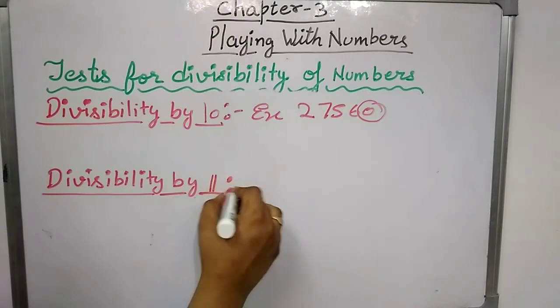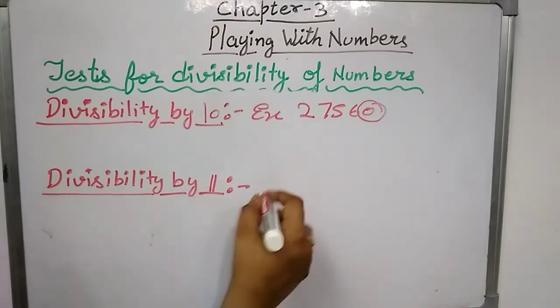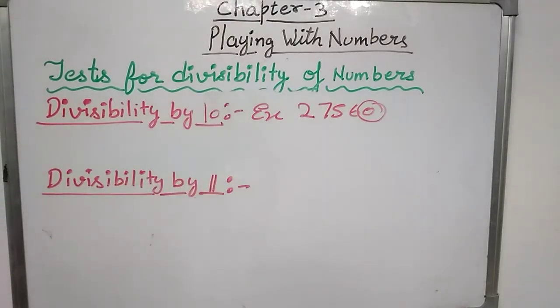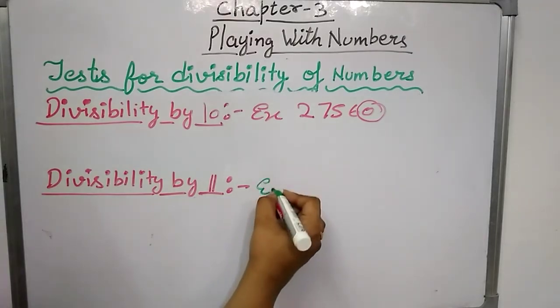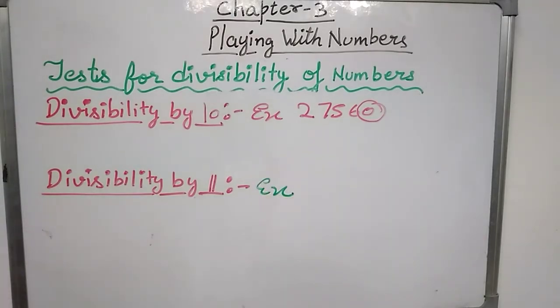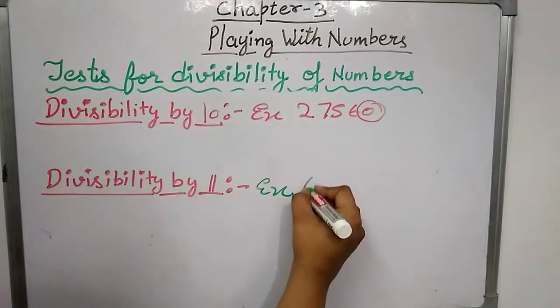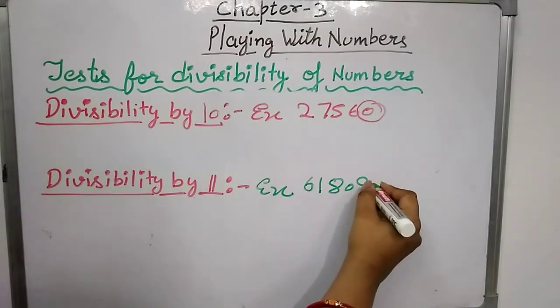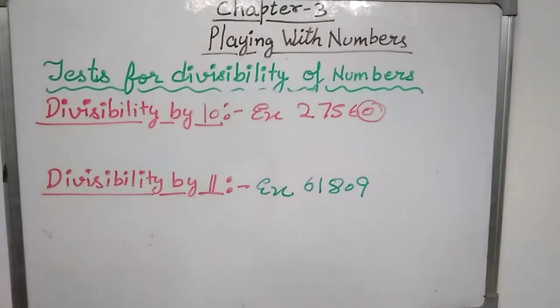The divisibility test by number 11. It is a little complicated, this divisibility. In this you need to add digits at even place and odd place. I am taking an example. 610809.